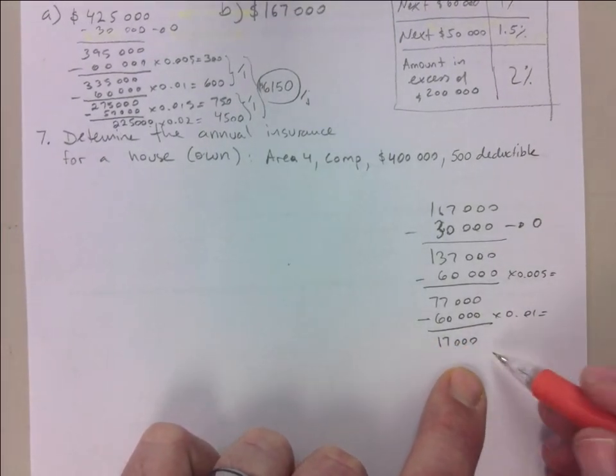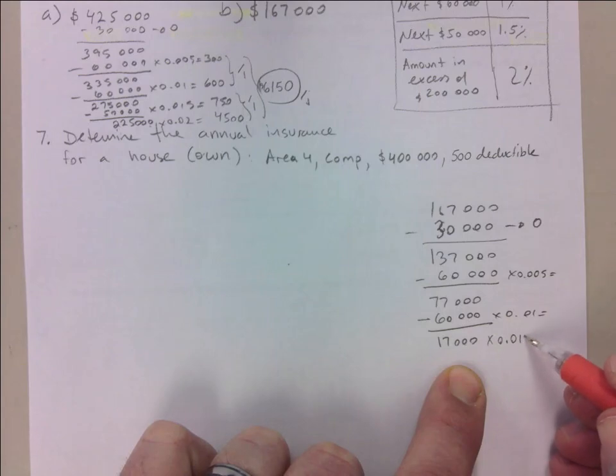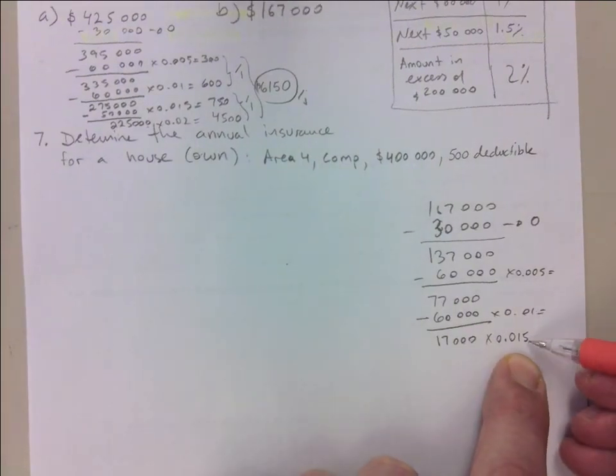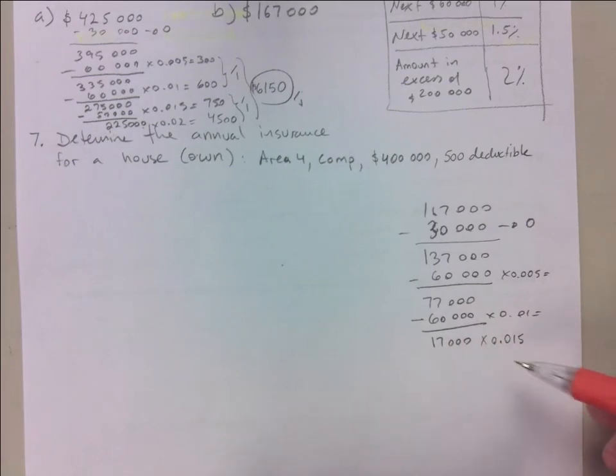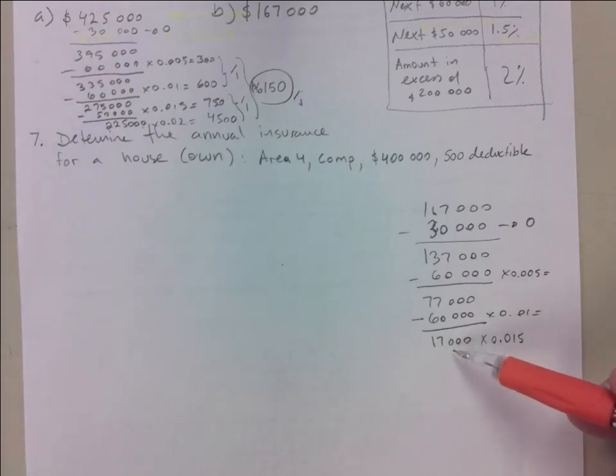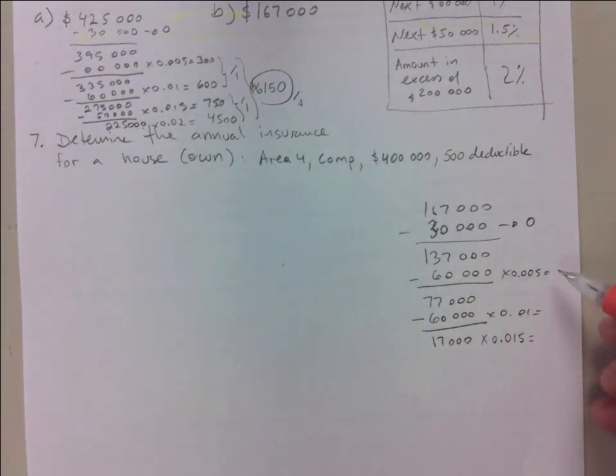At this point, you multiply by whatever the next tier is, 1.5% on the 17,000 that is in that tier. Just so you know, the width of this tier is 50,000. We know it's 50,000, but we don't use up all of it. So only the 17,000 pays 1.5%. So you pay 300 for this chunk, 600 for that chunk, and this is 2,550.